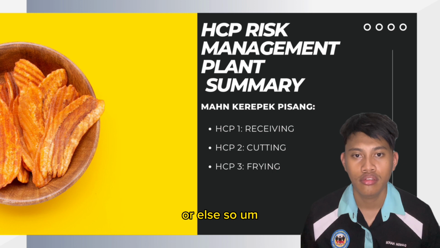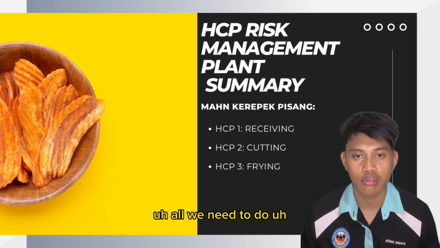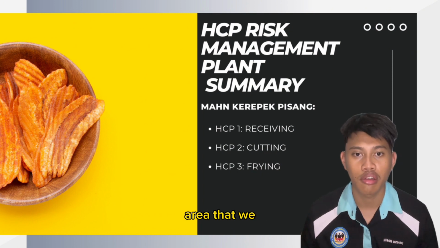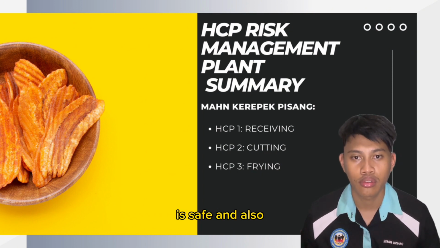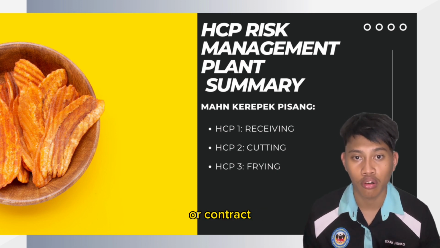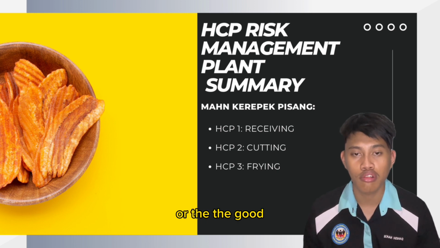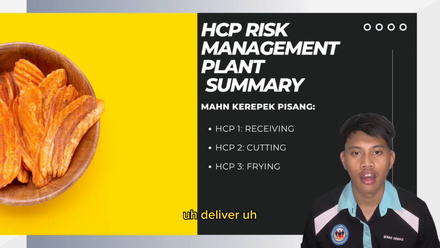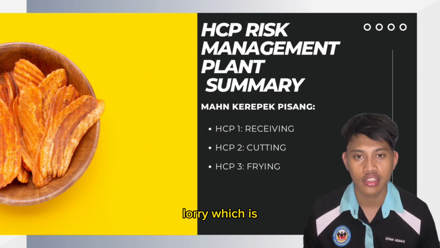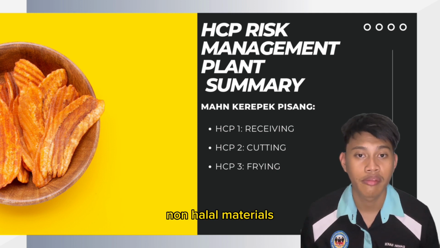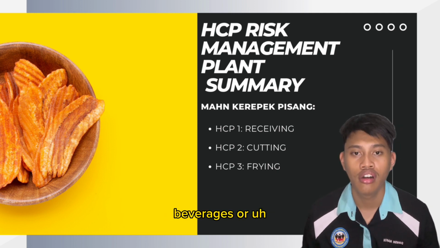So the corrective action is to make sure the raw material we receive is safe and can be used to produce our product. We need an agreement or contract with our supplier to receive good quality bananas, and make sure the bananas are delivered with a segregated lorry, not the same lorry that delivers non-halal materials such as alcoholic beverages or pork products.